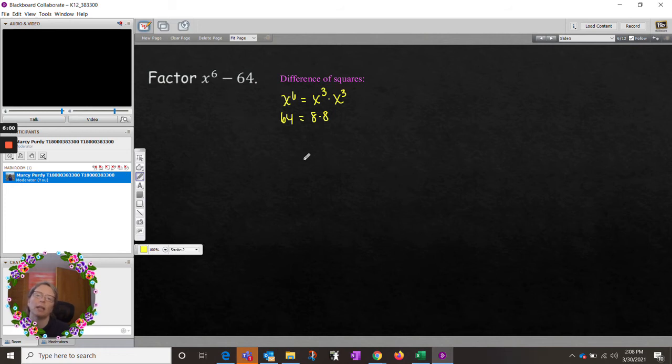So when we write it with the pattern of a difference of squares, it looks like this: x to the 3rd minus 8 and x to the 3rd plus 8. That's following the difference of squares pattern, which I'm going to write across the top for you here real quick.